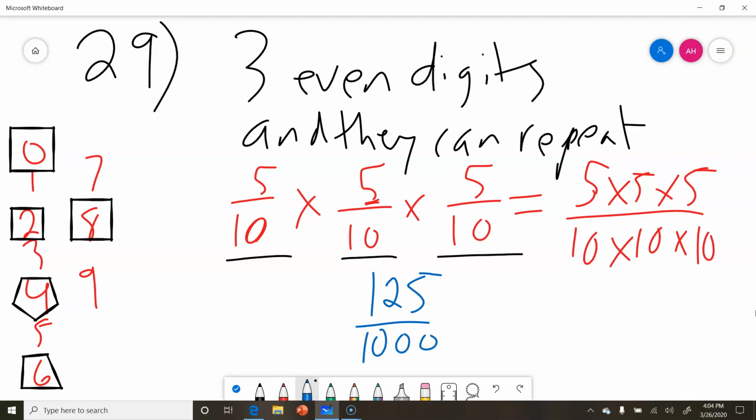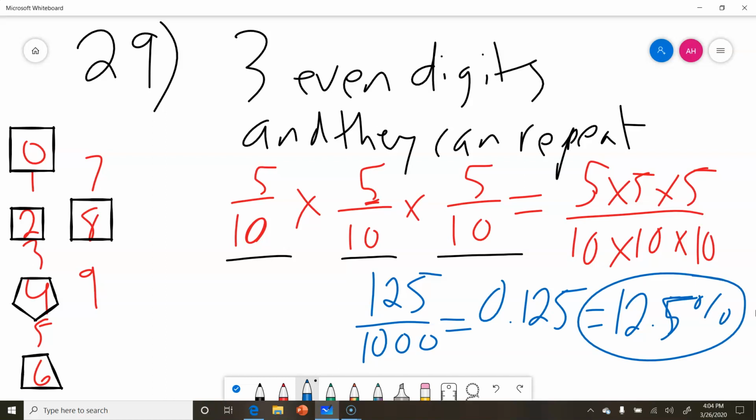And on the bottom, we have 10 times 10 times 10, which is 1,000. So when we do it in decimal form, we get 0.125, which is 12.5%.